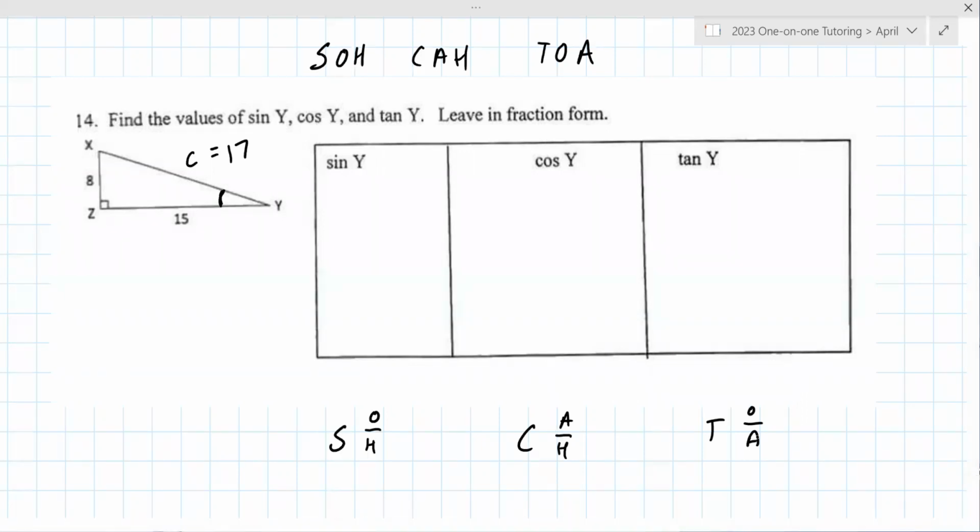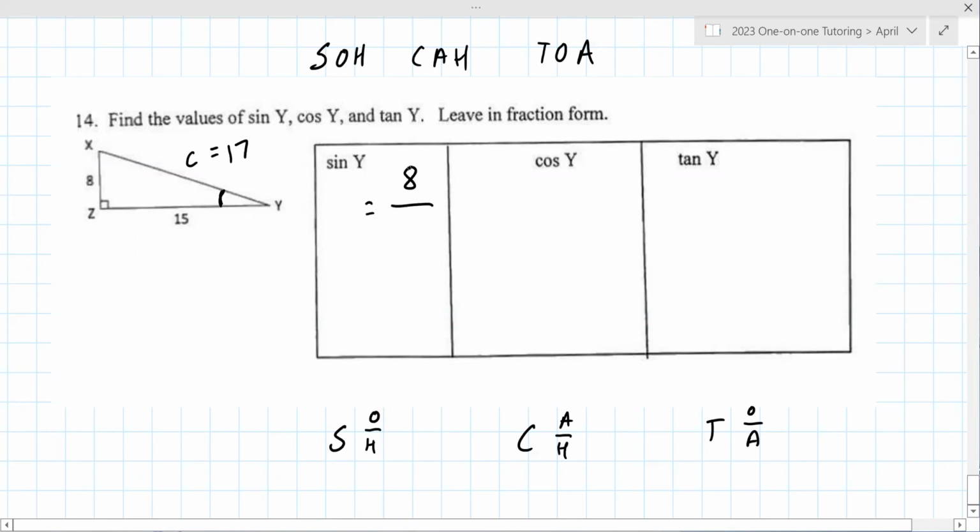Now, your sine of y here is the opposite side relative to y. So the opposite side is this 8. The hypotenuse is always the longest side in the triangle, which is 17. Cosine is A, or adjacent.